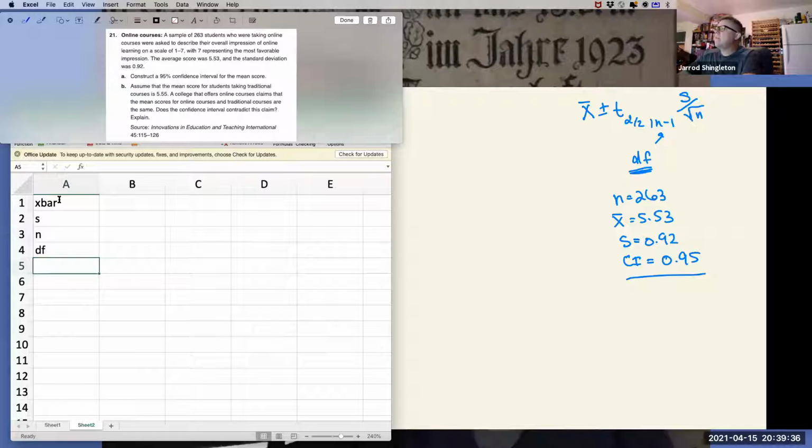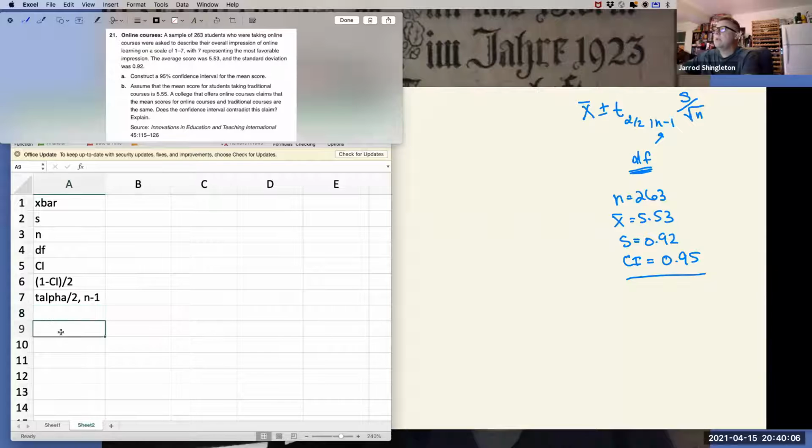I need my t alpha over 2, but in order to get that, I'm going to put a place for my confidence interval, whatever number they give me for that. And then I'm going to put a place for 1 minus the confidence interval divided by 2. I'm making myself a template. It's going to be useful for any time I need to do a confidence interval around an unknown standard deviation. Okay, and then t alpha over 2, comma n minus 1. I'm being very explicit about that. Okay, down here is where I'm going to put my lower and upper.